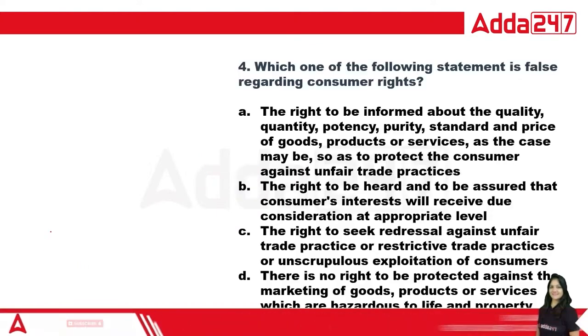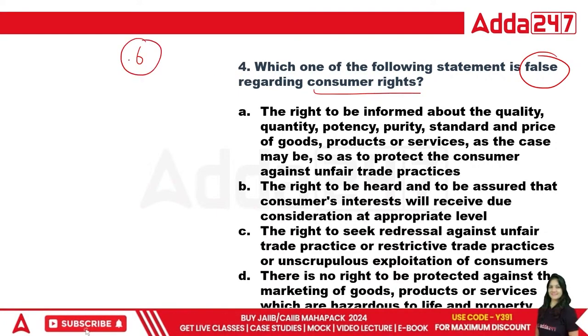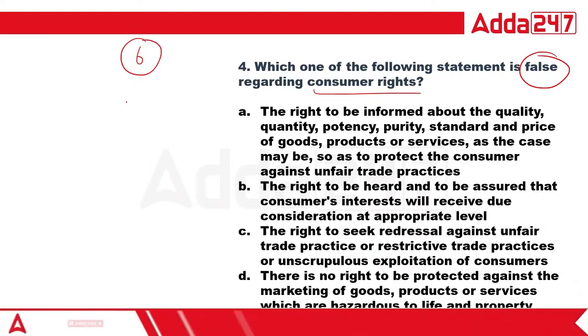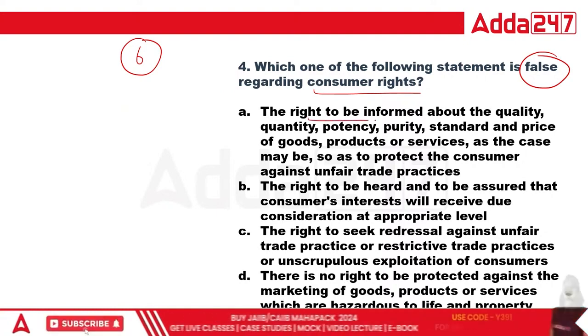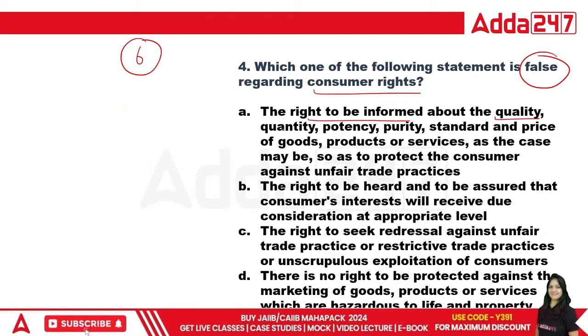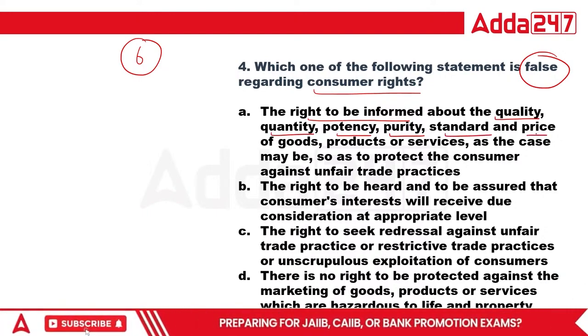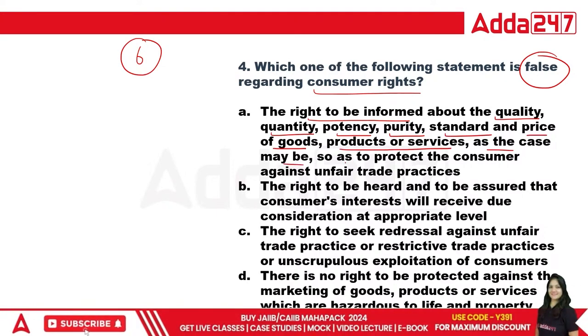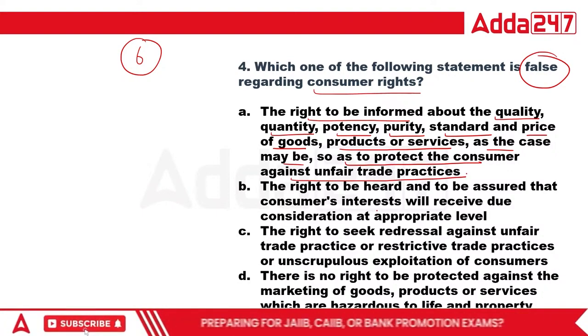Is that okay? Next. Which of the following statements is false regarding the consumer rights? We know that there are 6 consumer rights. So you have to tell me which of the following is false regarding the consumer right. A, right to be informed about the quality, quantity, potency, purity, standard, and the price of goods, product or services as the case may be, so as to protect the consumer against unfair trade practices.